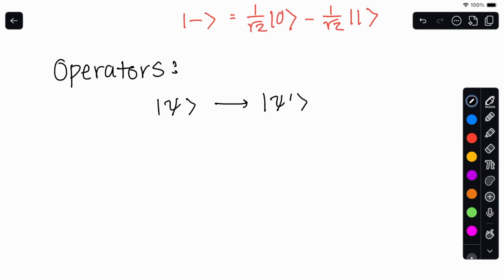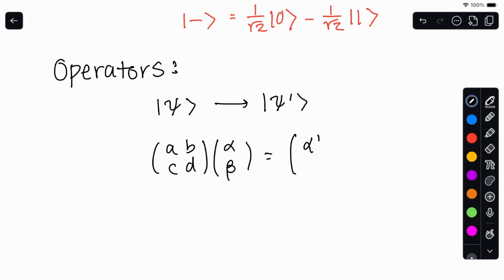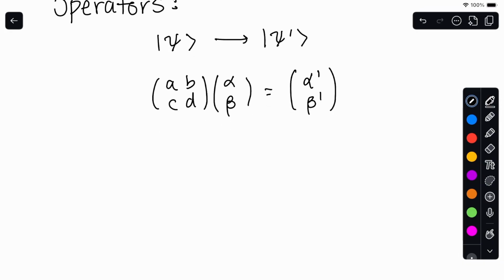And we know that our states are basically just column vectors, so that would make our operators matrices. So for instance, acting on a column vector gives you another column vector. And if we were to write this in bracket notation, we would have some operator, which we usually denote with a hat, acting on our state psi gives us some other state psi prime.